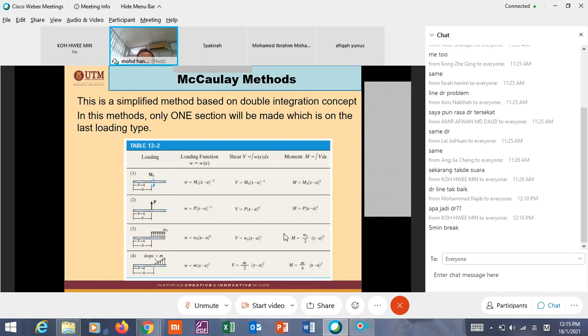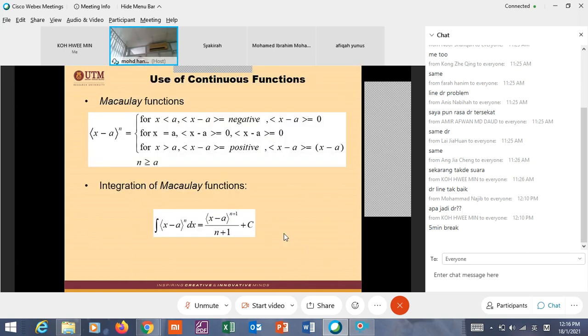But in Macaulay's method, you can just use 1 equation. We call it a continuous equation. So this is what you call a continuous function. This is the mathematical definition.